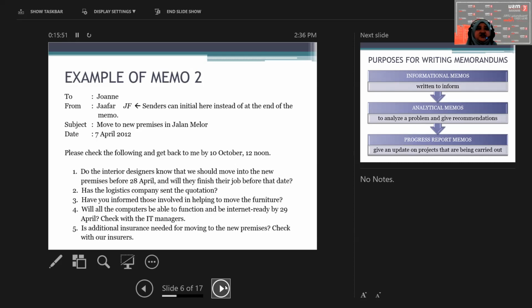Check with our insurers. Okay, so from the look of it, even though this is a memo without any kind of signature, and without initials at the end of it, we can already see that this memo is probably sent by a head of department or by one of the managers to the staff or to the workers, because they need to clarify all of these things.